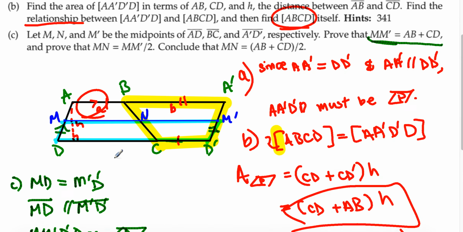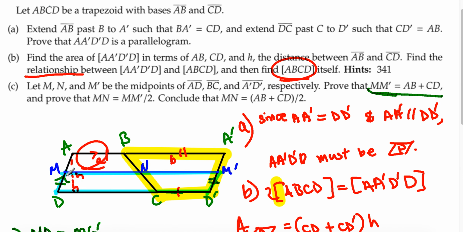Second portion: why is it that MN, which means this portion, is half of MM prime? Notice that MM prime actually goes through two congruent trapezoids.